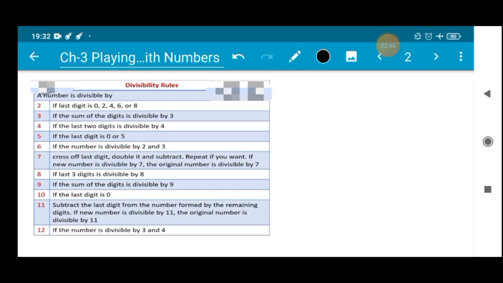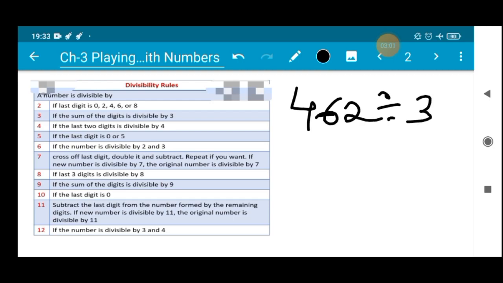Now let's proceed to whether the number will be divisible by 3 or not. To check that, we have to know if the sum of the digits is divisible by 3. Say you have 462 and you have to check whether this number is divisible by 3 or not.